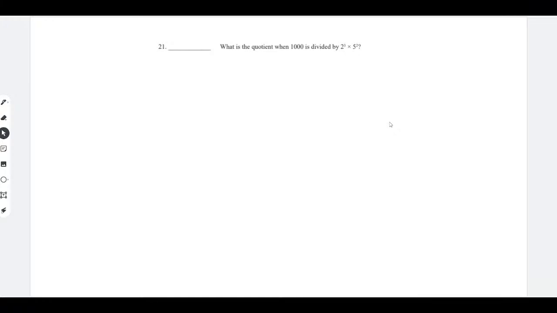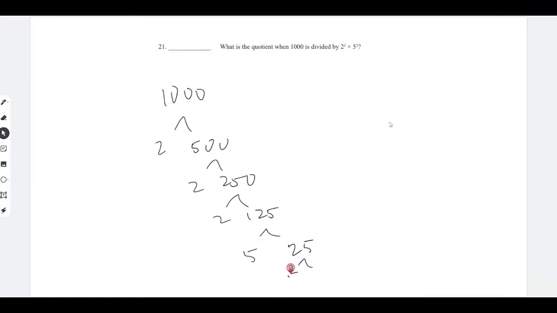Another way you can do this is prime factorizing 1000, right? You can also see this by 1000 is equal to 10 cubed, and then 10 is just 2 times 5, right?